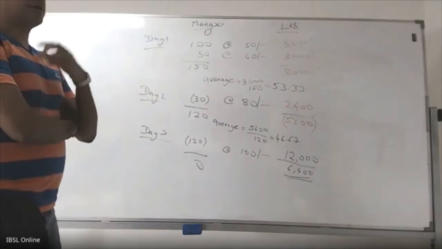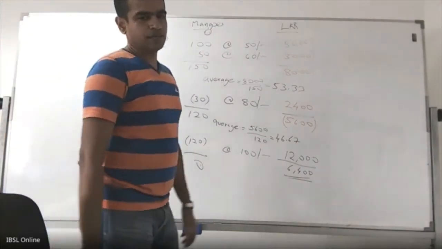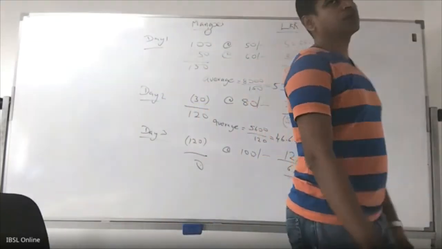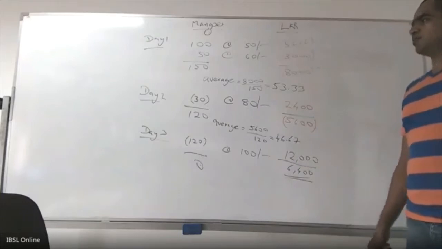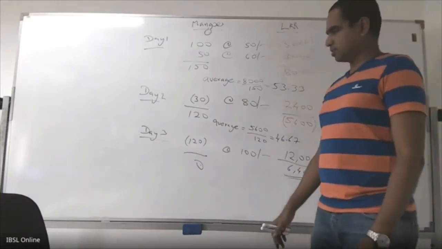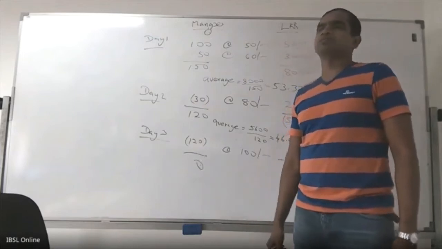So remember, if you buy anything, can be mangoes, can be currencies, can be anything, you buy something, the risk is the price going down. Okay. Now, after all of these transactions, from day 3, you are left with 0 mangoes. Right?